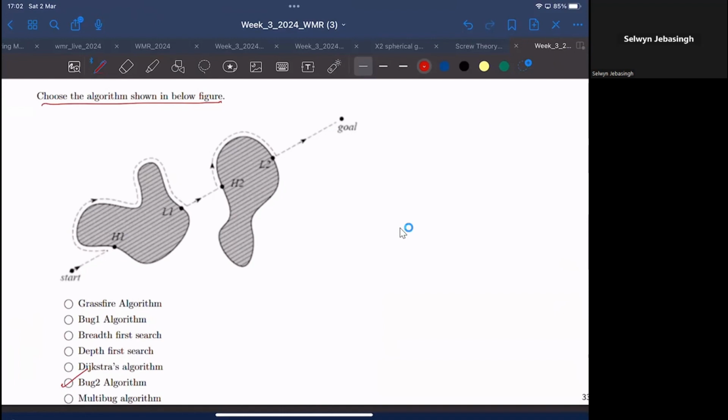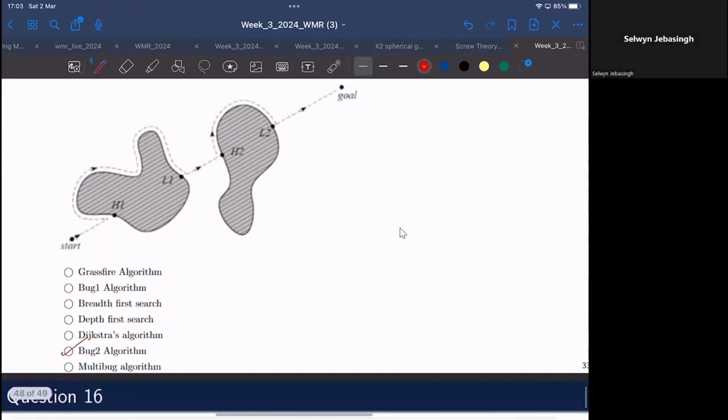All the other options are graph search algorithms. For this question, only Bug1 or Bug2 applies. And since the robot does not fully encircle the obstacle, it is obviously Bug2 algorithm. So that is indeed the correct answer.